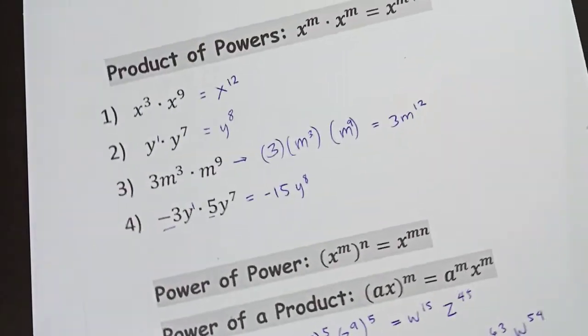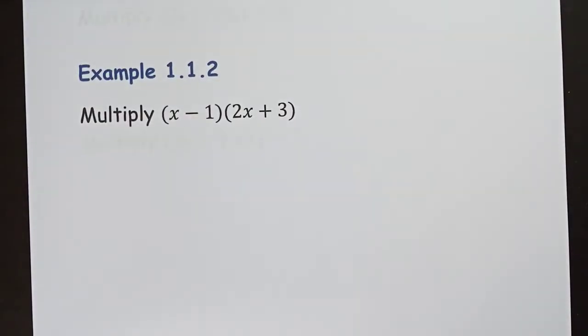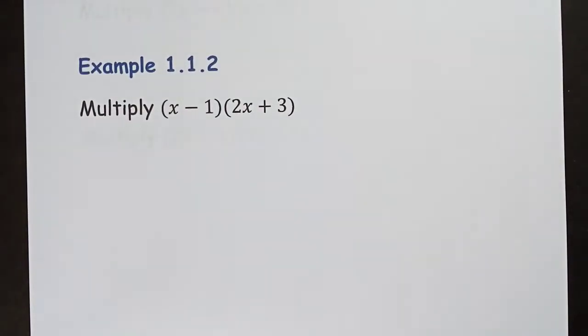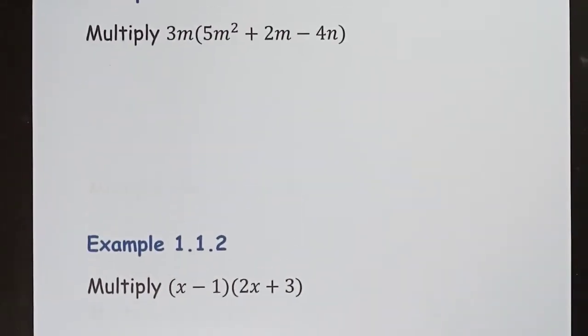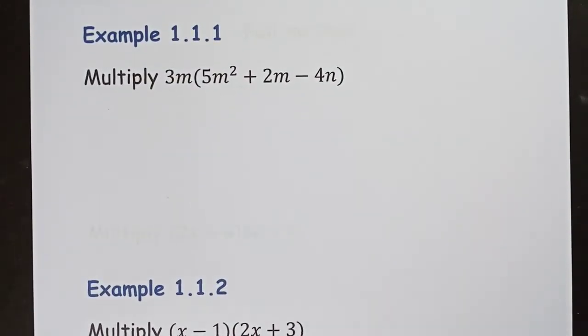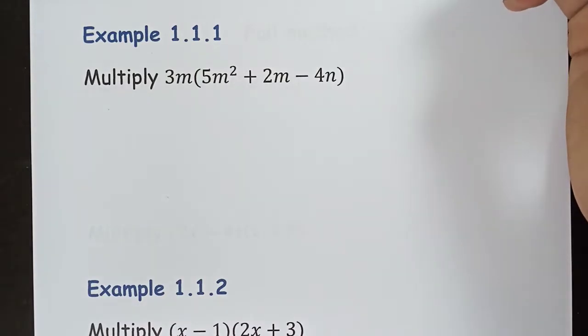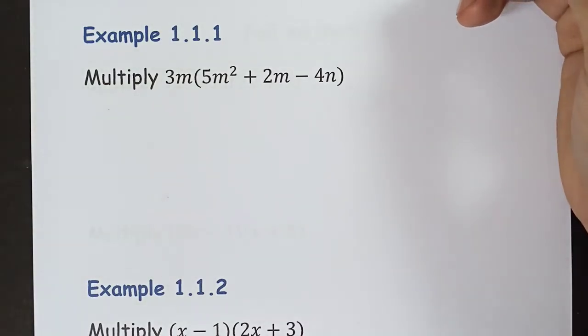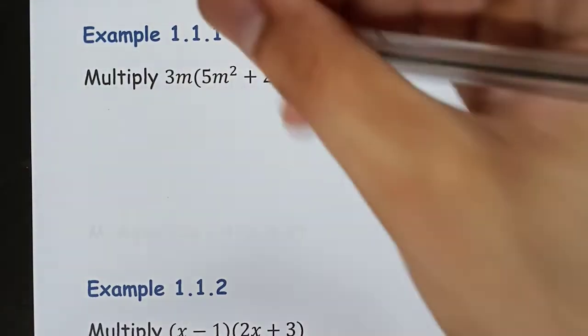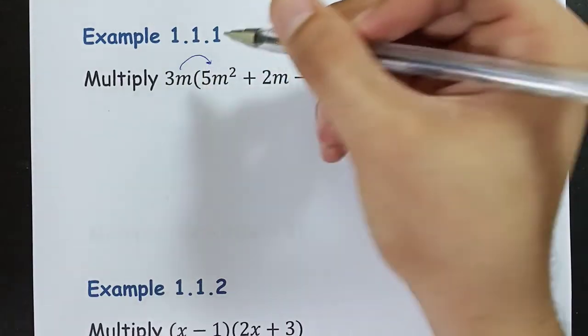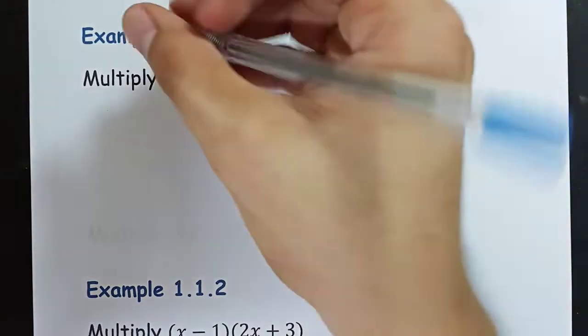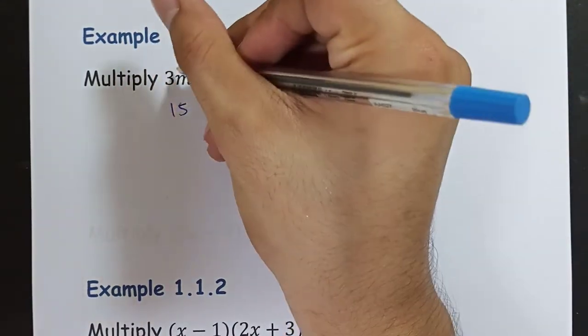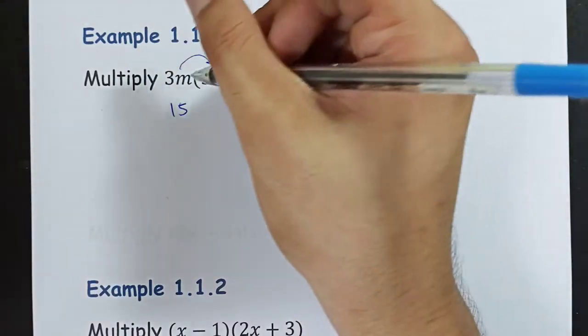Let's answer some example. Example 1.1.1 in your textbook. So multiply 3m times the quantity of 5m squared plus 2m minus 4n. So, distribute lang natin. 3m times 5m squared. The answer would be 15 because 3 times 5 is 15.